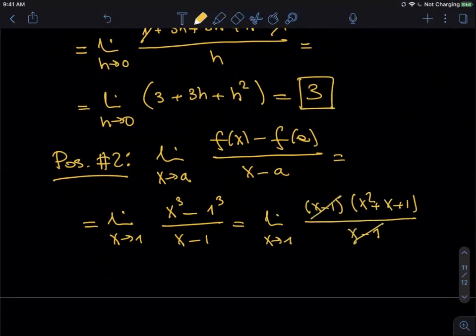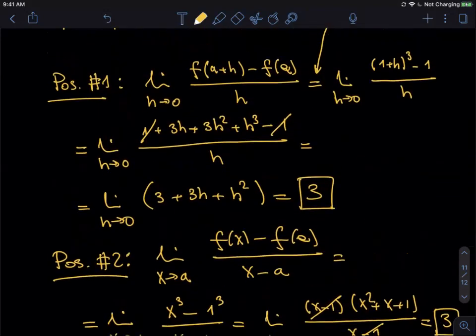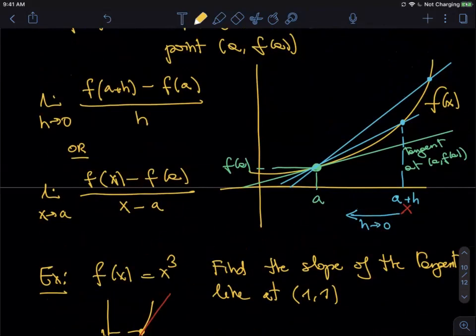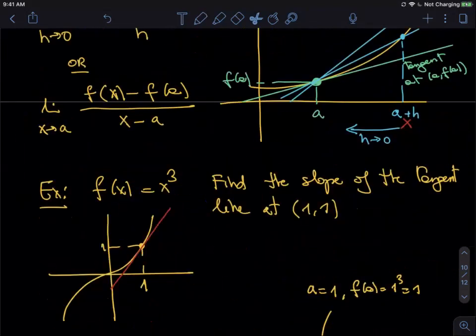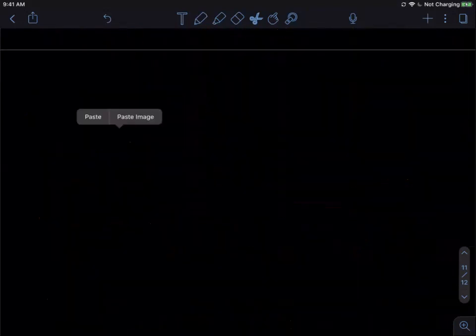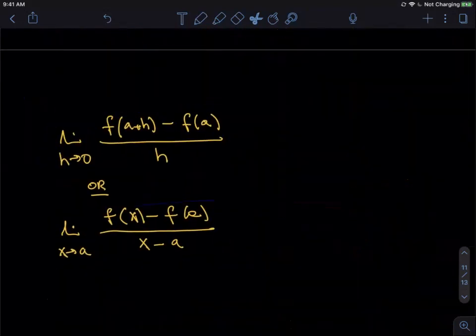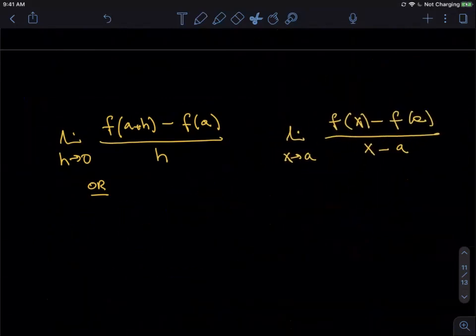There's a cancellation, and again the limit is 3. Okay, here you see that the two methods are very similar, but they are not exactly the same thing. So we have that leeway to decide which one we want to do. Okay, we need to check both of them to see which one of them looks easier for us. So let me just go over this one last time.